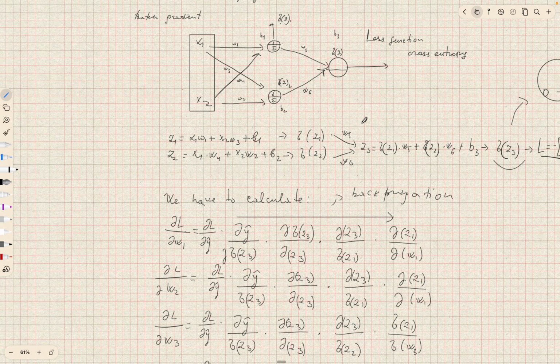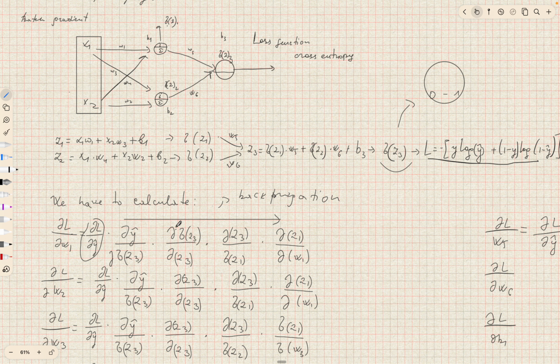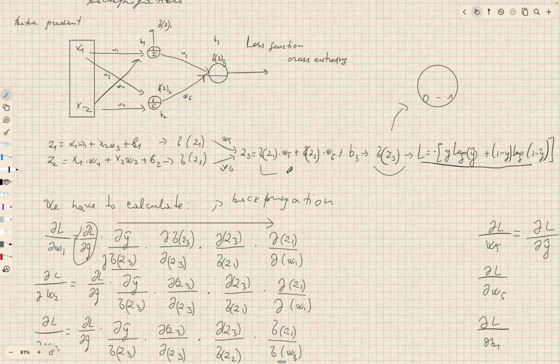Then we multiply it by the derivative of our prediction with respect to this activation, because this depends on Z3, right? Because we had Z3 a linear combination, then we fed it to sigmoid Z3.